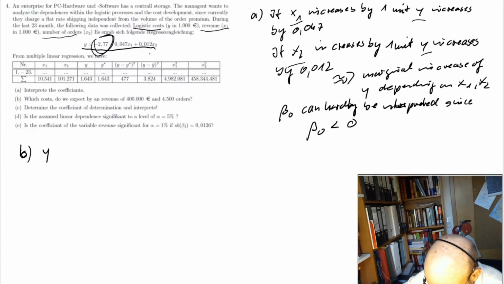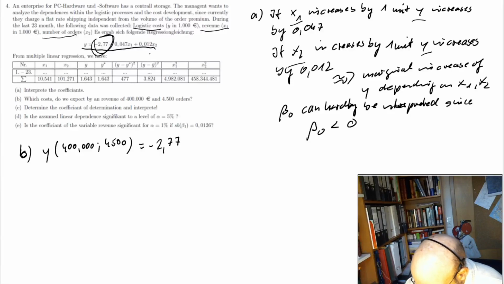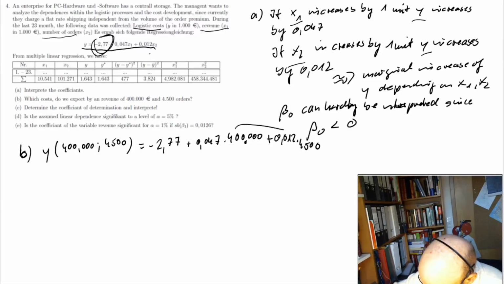Then we just have to insert 400,000 and 4,500, and for this of course we have minus 2.77 plus 0.047 times 400,000 plus 0.012 times 4,500. Well, this you can just insert and calculate on your own.